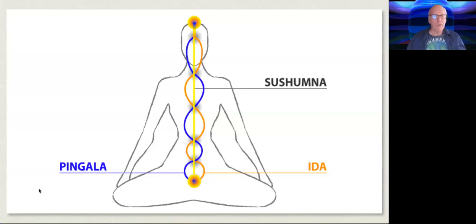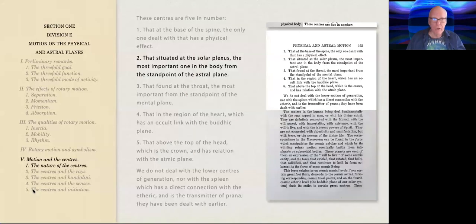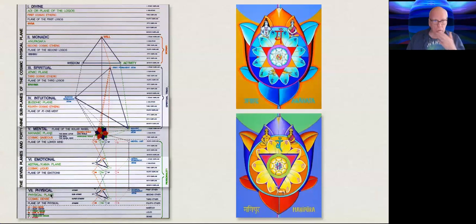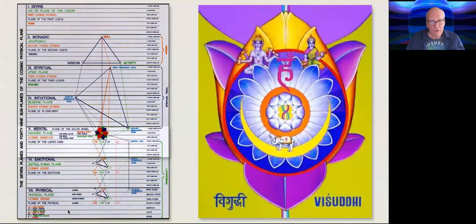The transference of the fires from the next center, the solar plexus, to the heart releases one from emotional control and thus from the grip of the astral plane. In a parallel transference, activation of the throat center, which radiates the fire of manas, synthesizes the entire personality life.